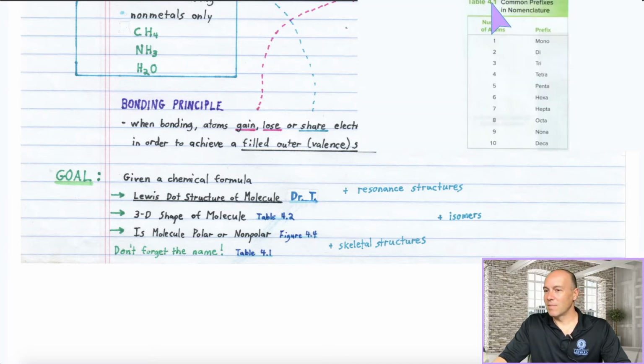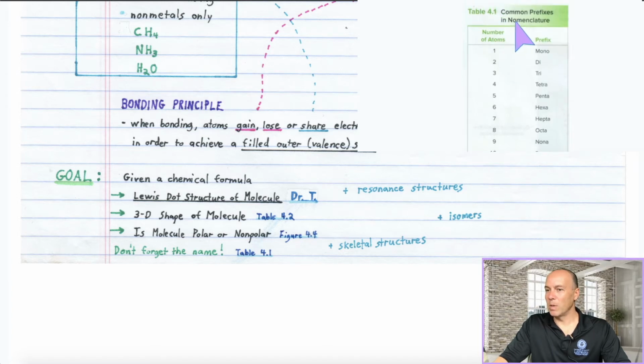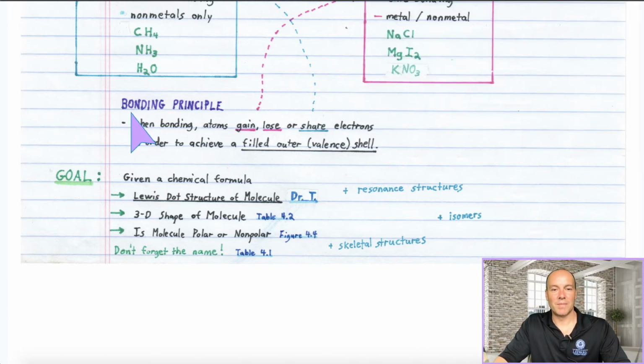Here it is. It lists the common prefixes of nomenclature. And so we'll be using this table to name covalent compounds. So there you go. It's a pretty straightforward goal. Given a chemical formula, draw the Lewis structure, determine the shape, determine the polarity, and name it.